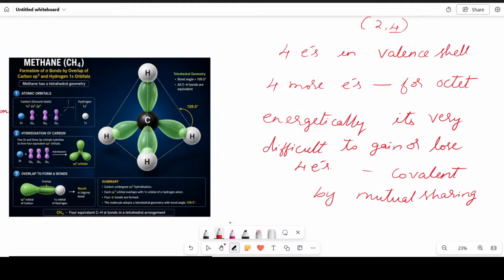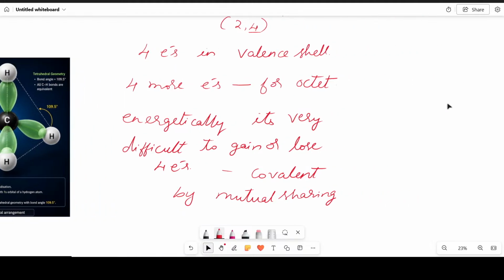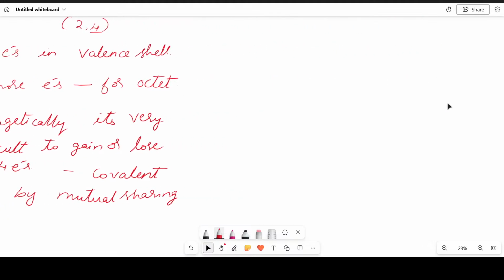You can see it in the structure. You can see that the carbon can always form 4 covalent bonds. So that's why it is tetrahedral in its structure also. It is tetravalent.